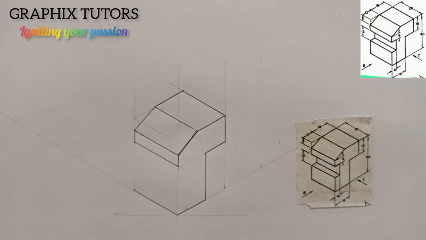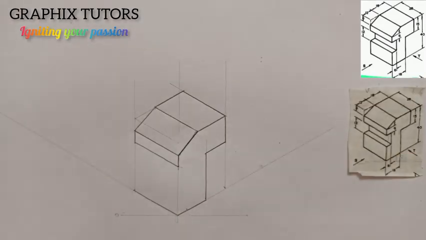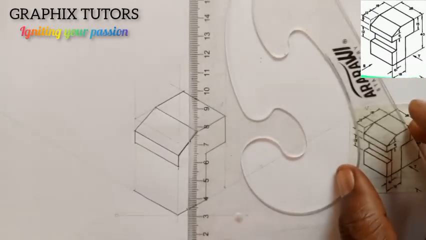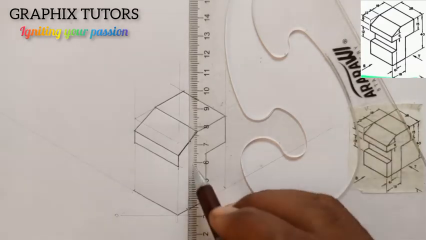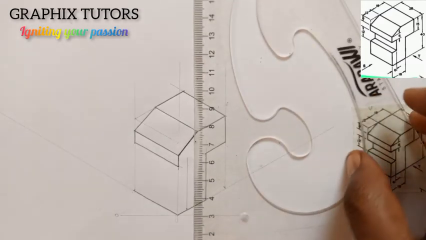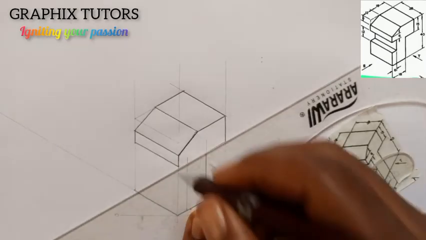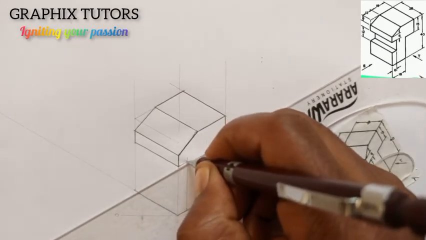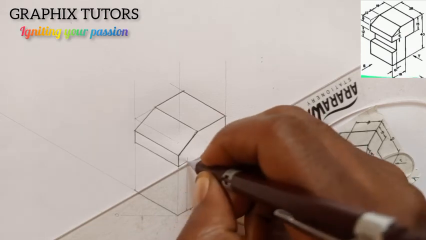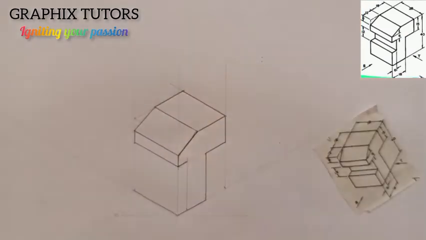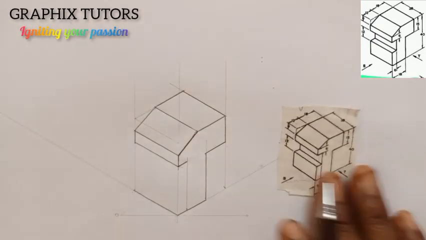Then I can just easily use my z-square and take it upward. Faint line first, then I use my z-square to connect it. So from here, can you see that?